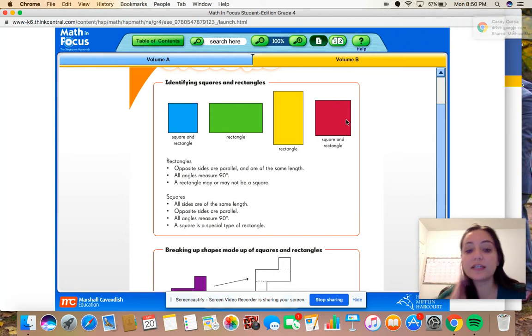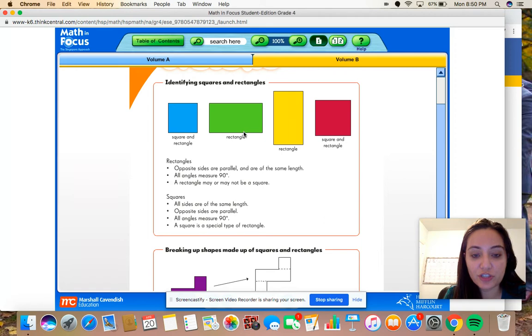So let's look at the characteristics of just a rectangle. What makes a shape a rectangle? Opposite sides are parallel and are of the same length, okay? So that means, let's look at this rectangle right here, opposite sides. So here's one side, here's the other side. They're parallel, right?